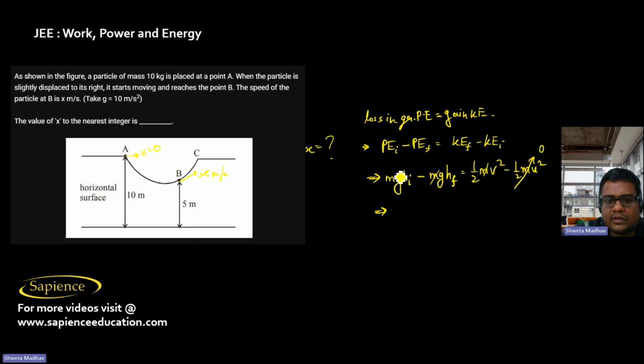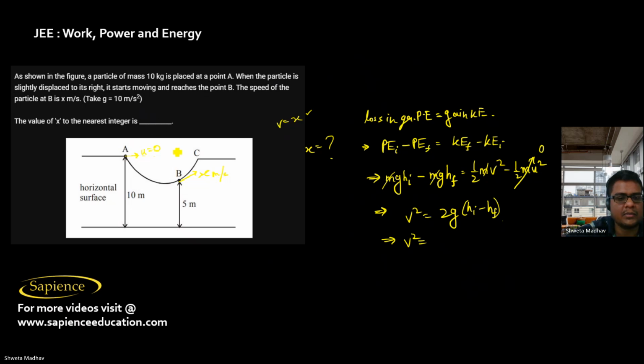So m also we can cancel out. So v square will be equal to 2g into h initial minus h final. Here v is equal to x, the speed of the particle at the point B. So I can write x square is equal to 2g into initial height, that is 10, minus final height, that is 5.